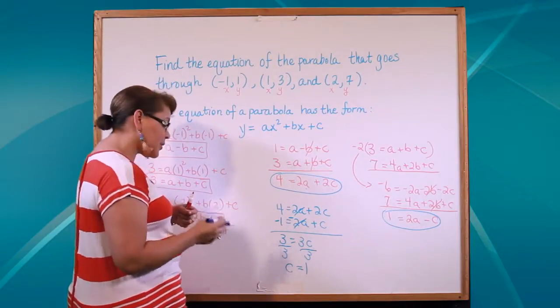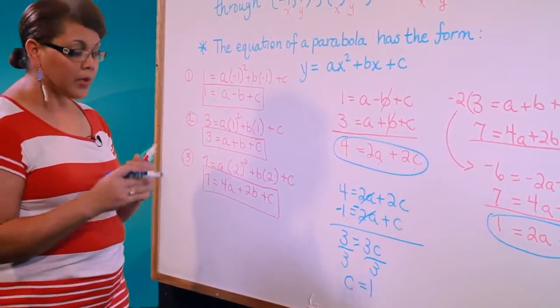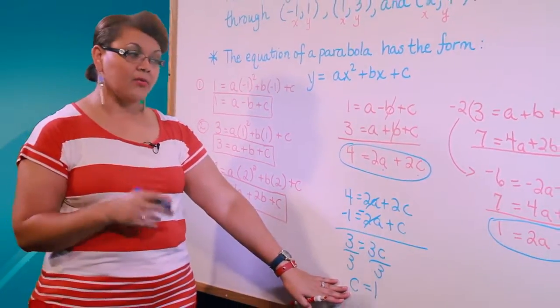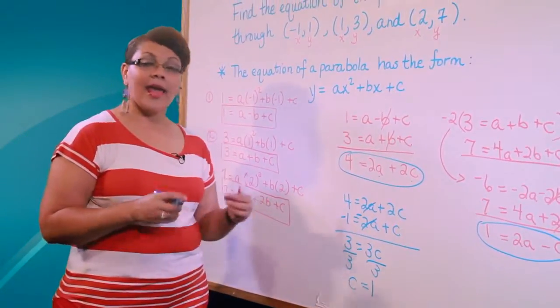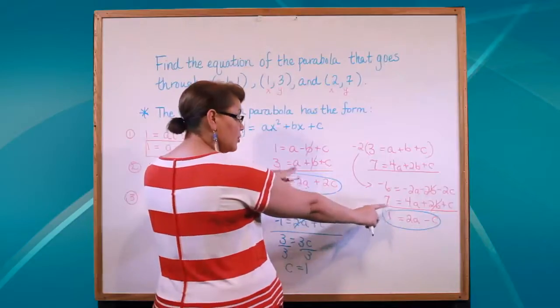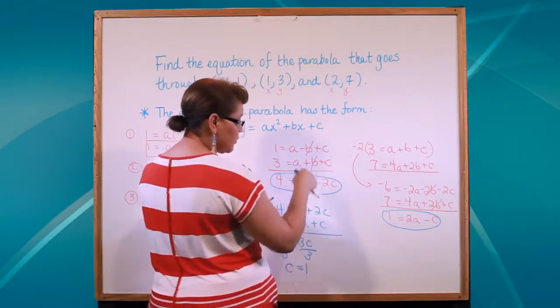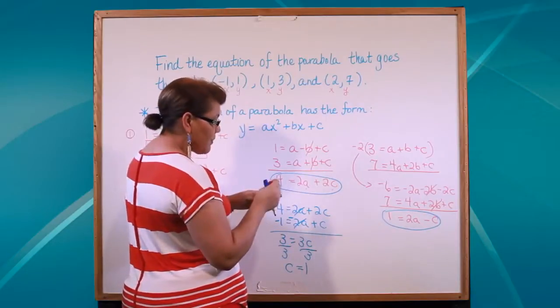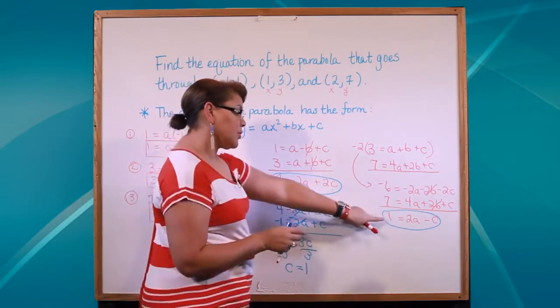And using back substitution, we can now plug in c is 1 and find the values for a and b. So we can go back to where we created the two new equations that are circled in blue. You can use either one, it doesn't matter. I'm going to use this one.